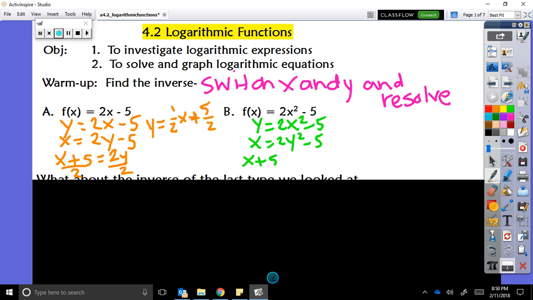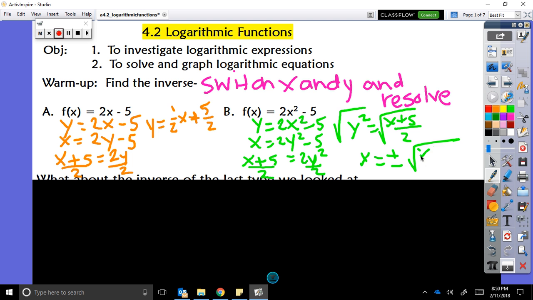Add 5, 2y squared. Divide by 2. We get y squared is (x plus 5) over 2. And then square rooting both sides, y equals, and I still see people forgetting our plus or minus, square root of (x plus 5) over 2.